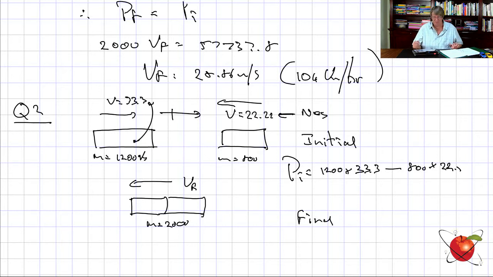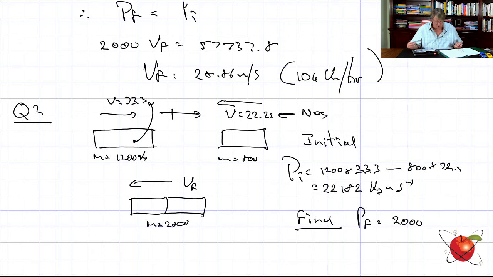Well, then, nothing really is it? So we say that. Therefore, we get a momentum here of 22,182, I think, kilogram meters per second. Now I take my P final is going to be equal to mass 2000 times minus V final, because it's negative. It's going this way. I said anything going that way is plus. This way is minus.